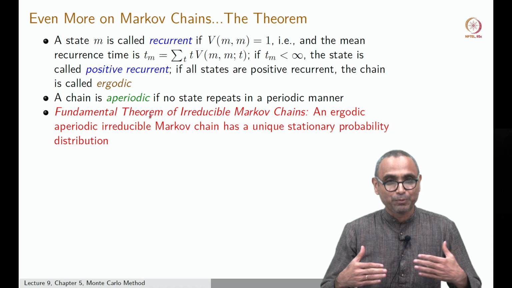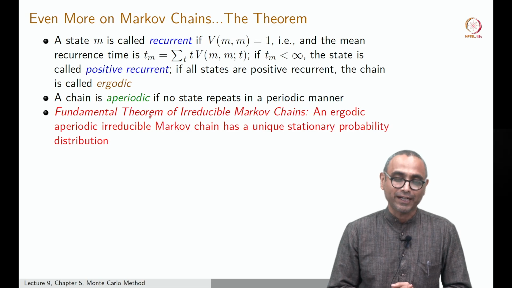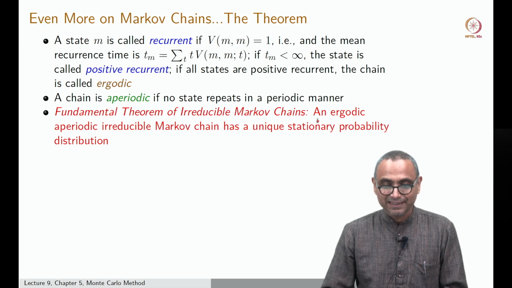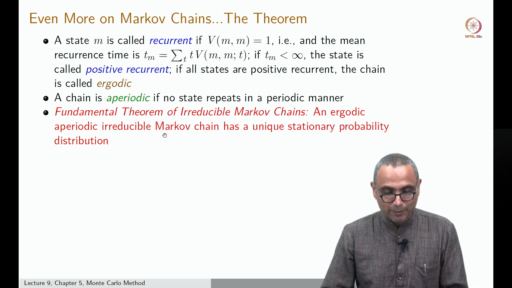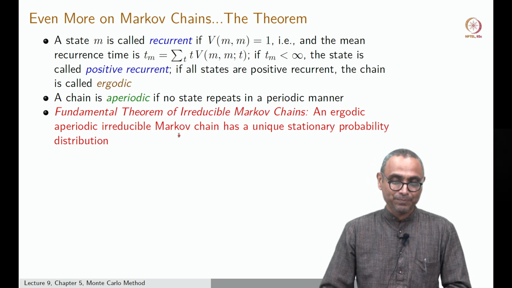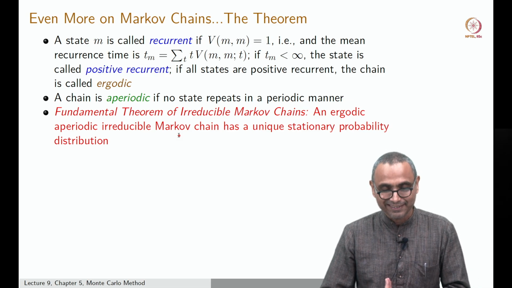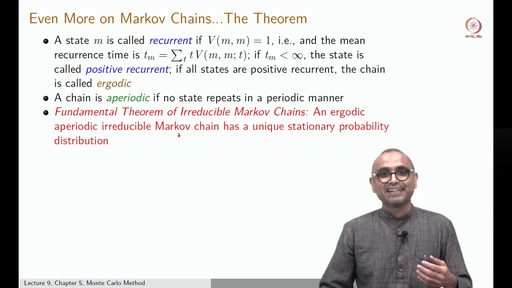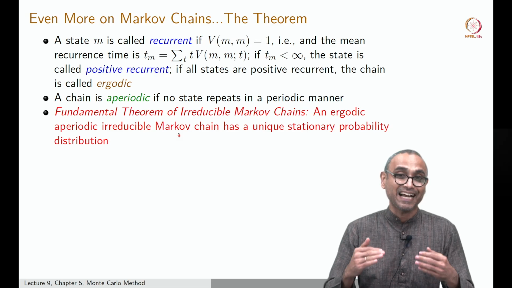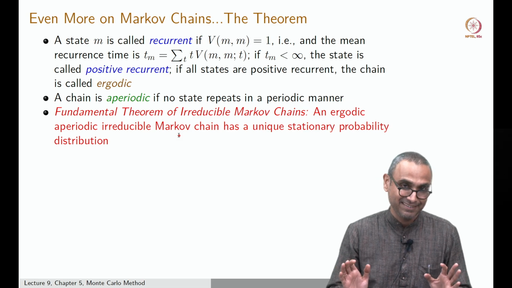So with these ideas put together, we can now state the fundamental theorem of irreducible Markov chains. We will certainly not attempt to prove it. The statement of the theorem is: an ergodic aperiodic irreducible Markov chain has a unique stationary probability distribution. So if a chain satisfies the conditions of irreducibility, aperiodicity and ergodicity, then the stationary state, namely the probability distribution which is the right eigenvector of the Markov matrix with unit eigenvalue, is unique.